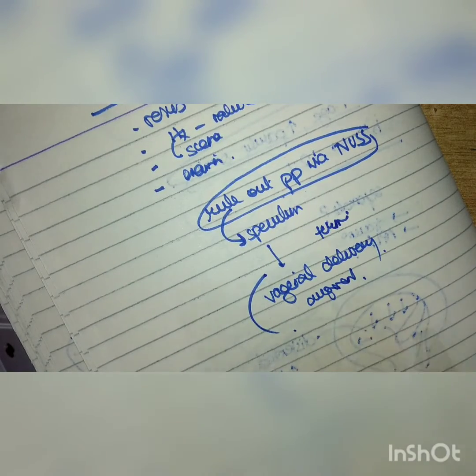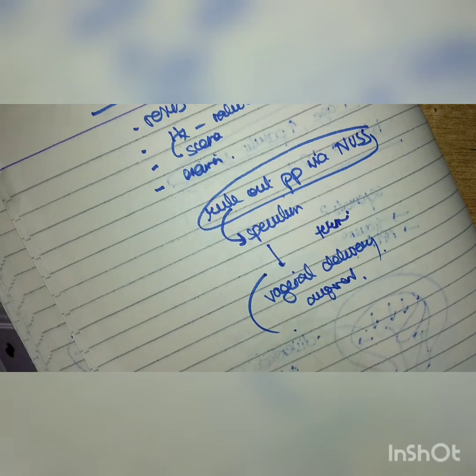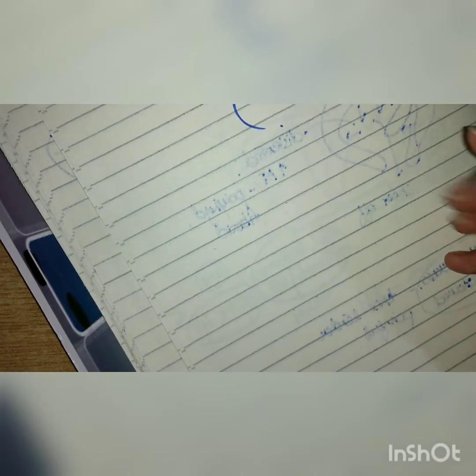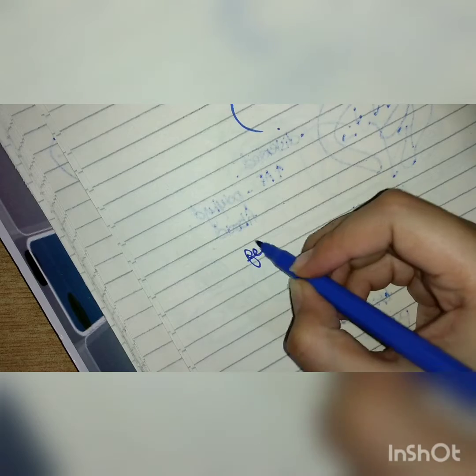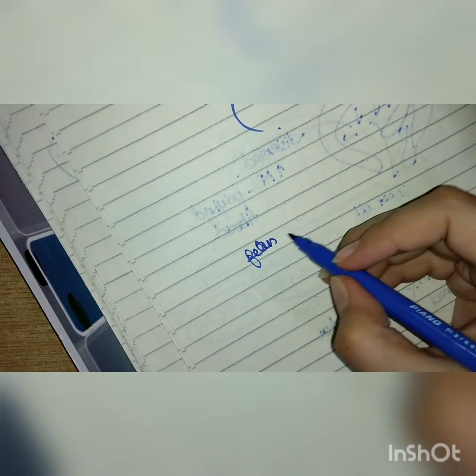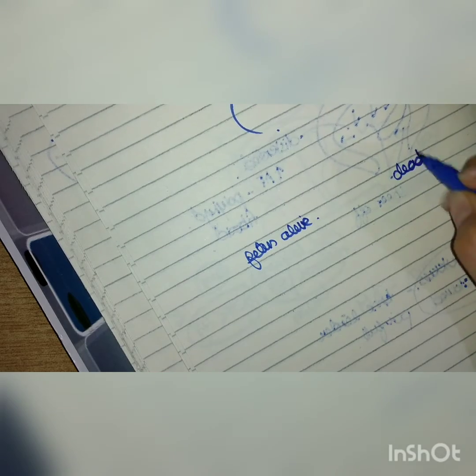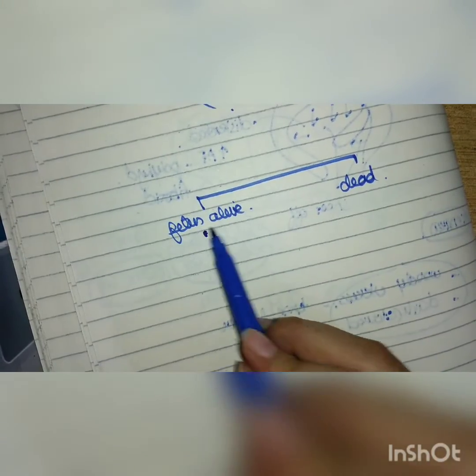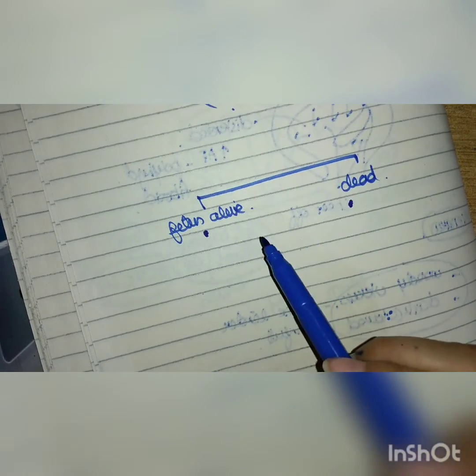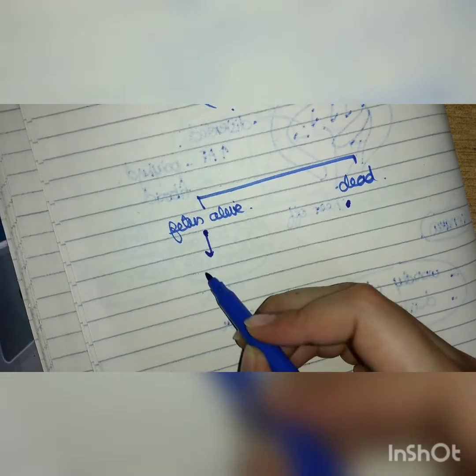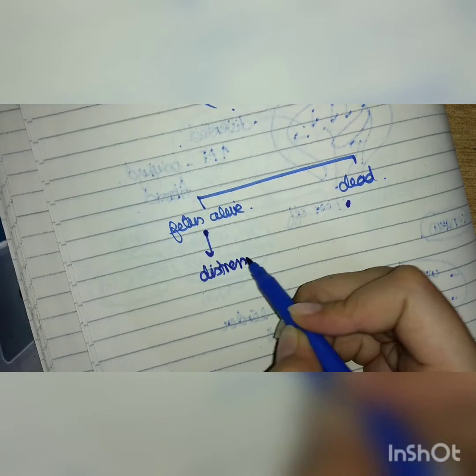But if there is fetal distress, let's just make a flow chart now for the algorithm. This is from DC data, because 10 teachers has not mentioned this in detail, and an essay question or an OSPE question or a Viva question always comes, even an MCQ comes. So these two topics are very important. So the fetus is alive or dead. Now if the fetus is alive, we are going to see whether fetal distress is present or not.